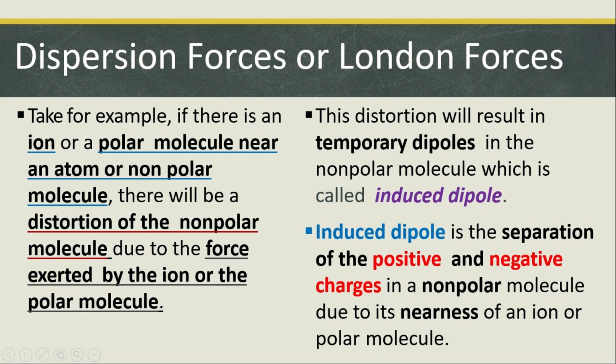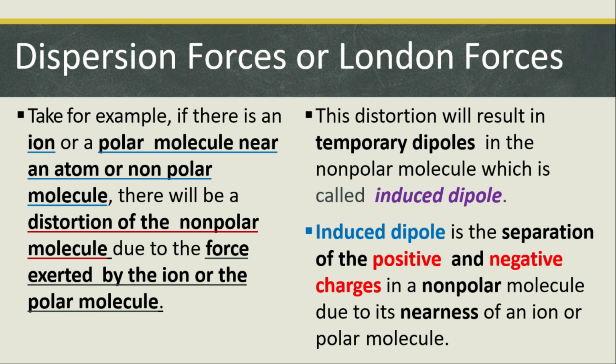interactions. So dispersion forces or London forces are not only exclusive for nonpolar to nonpolar. It can be ion to nonpolar or polar to nonpolar. So because of the presence of an ion or a polar or a nonpolar interacting with another nonpolar, there will be a distortion within our nonpolar.